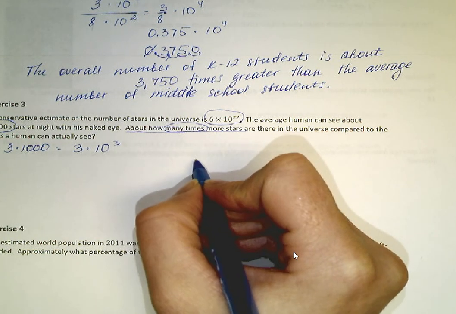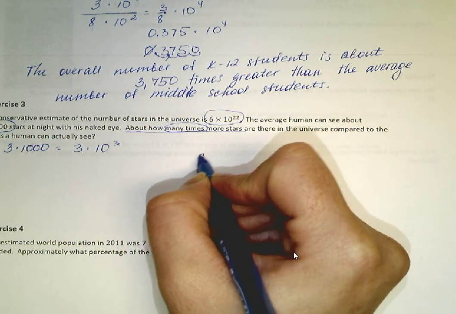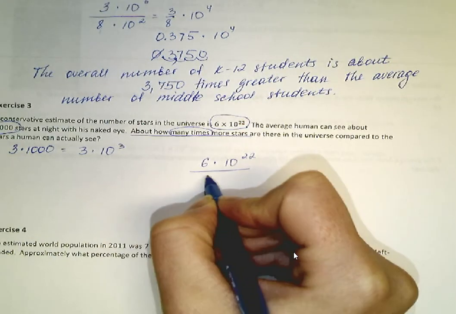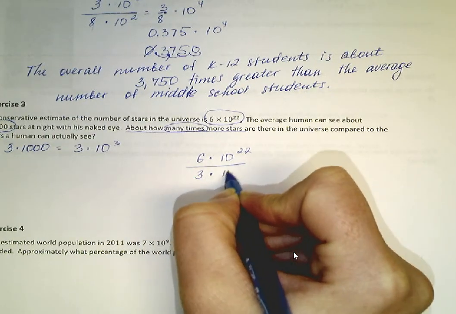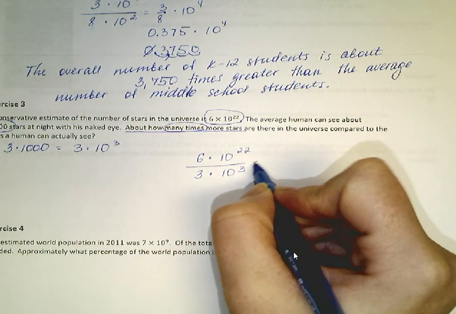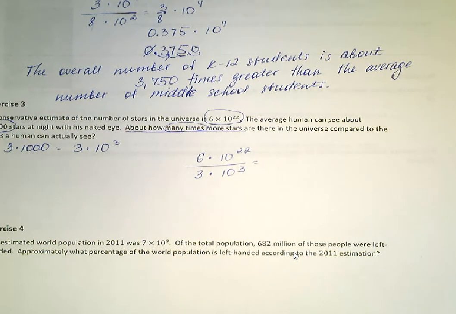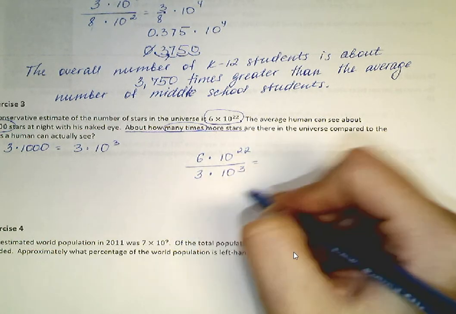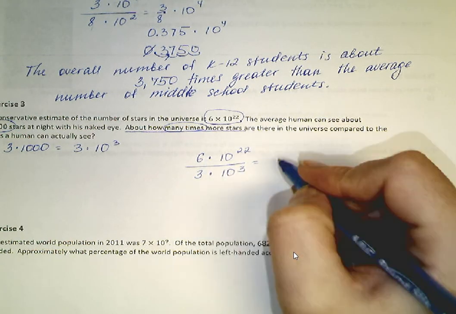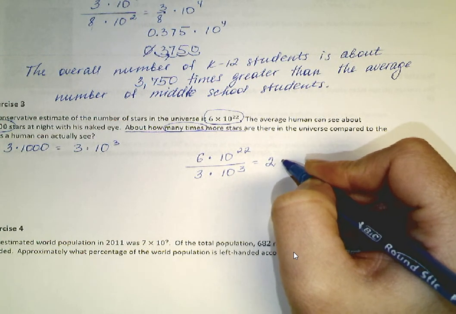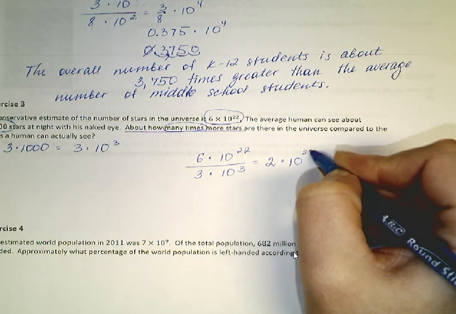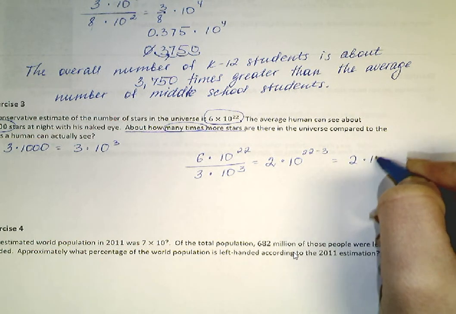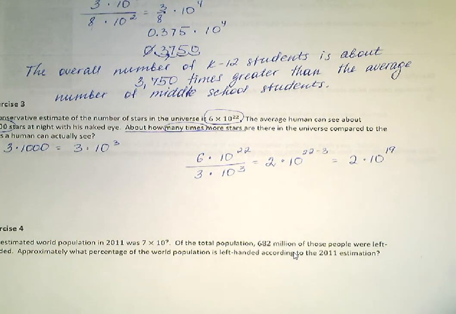So now that we are ready, we can write down 6 times 10 to the 22nd over 3 times 10 to the third. And now I will be able to use the rules of exponents to simplify this equation. So 6 over 3 is 2. And I'm multiplying that by 10 to the power of 22 minus 3, and that is 2 times 10 to the 19th power.